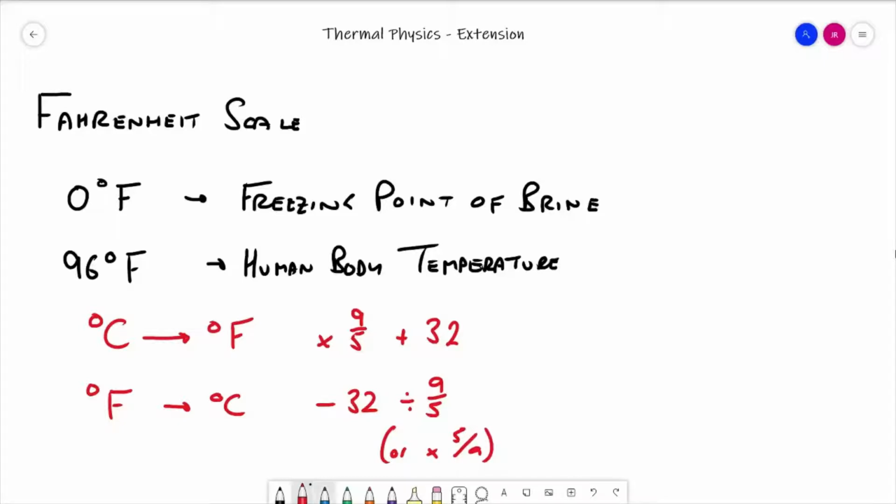Now of course the 32 here comes from the conversion that 0 degrees C is the equivalent of 32 degrees Fahrenheit.